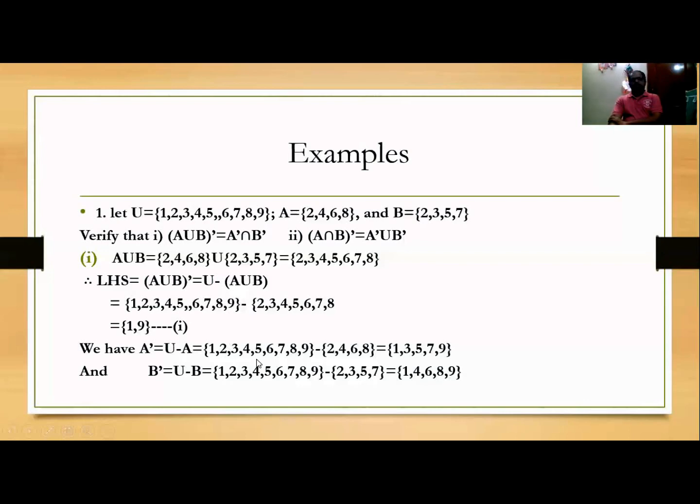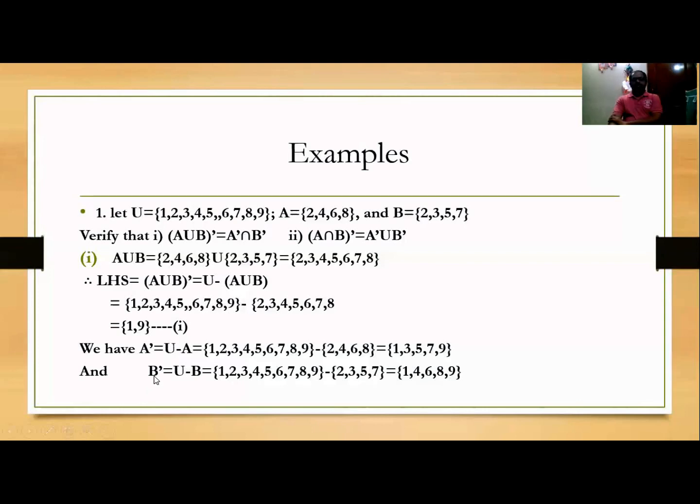So delete them from the set U and write down the elements. After deleting 2, 4, 6, 8, we are left with the elements 1, 3, 5, 7 and 9. None of the elements 2, 4, 6, 8 are present in this set. So hence it is A dash.